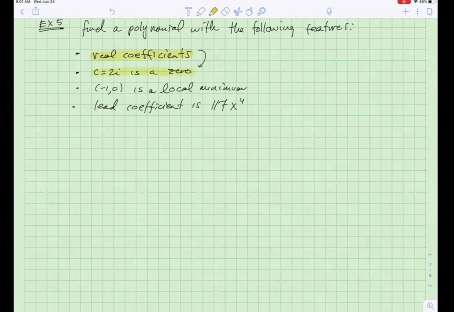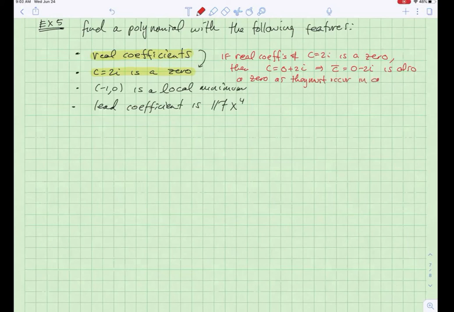These two are coupled together because if real coefficients and c equals 2i is a zero, then c is equal to 0 plus 2i, and that implies that c bar, the conjugate 0 minus 2i, is also a zero, as they must occur in conjugate pairs.